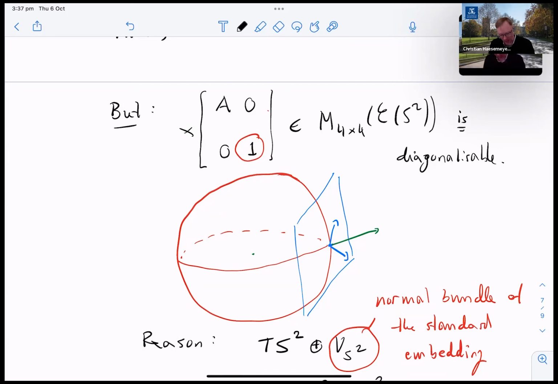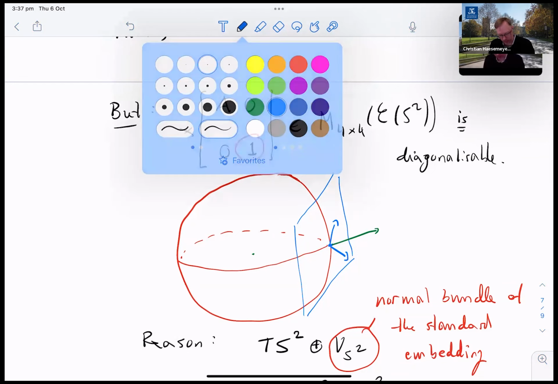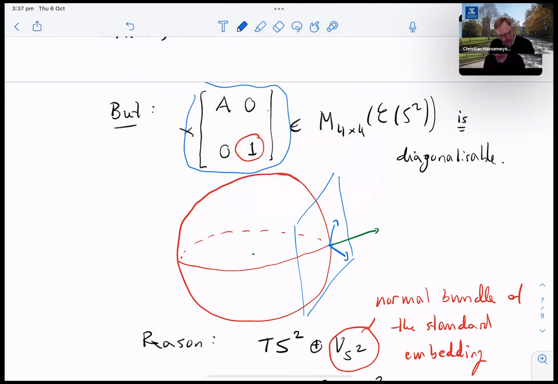I apologize, you can't see where I'm pointing, of course, you can only see what I'm writing. So this matrix is also idempotent. And its image are the sections.